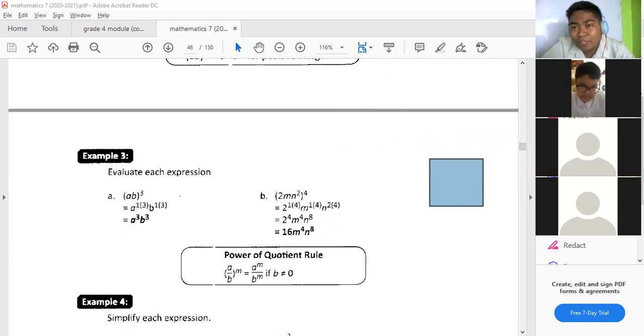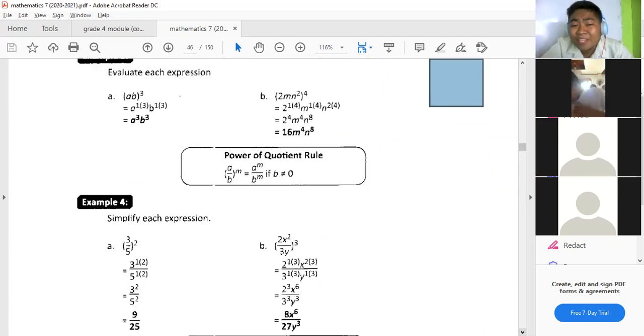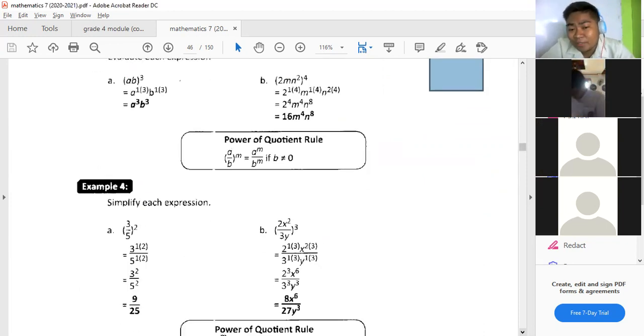We also have the quotient rule. Sa quotient rule naman, kabaliktaran lang siya ni exponent. Sa product rule pala, I should say. Sa product rule, ipag-a-add. Dito naman sa quotient rule, isusubtract. For example, ito. 3 all over 5 raised to 2.